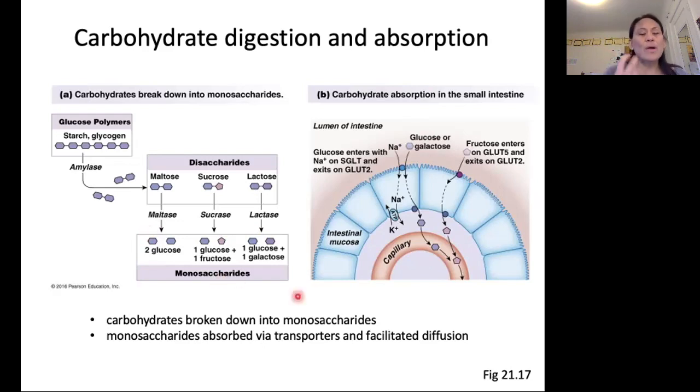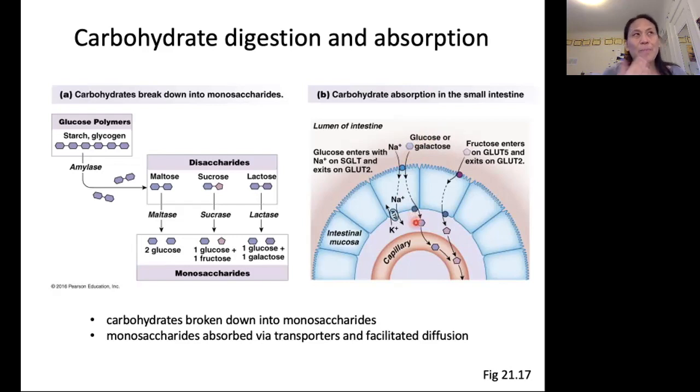And then once we break those down into monosaccharides, we transport them across the epithelium of our small intestine. So that's shown here. This is our intestinal mucosa. We use a variety of transport mechanisms. Again, I'm not going to ask you to know the details of that, but you can see these examples of different ways that we are transporting our monosaccharides across that epithelial cell layer.